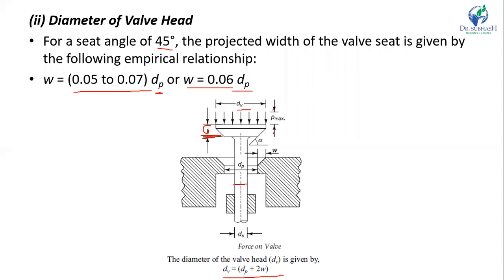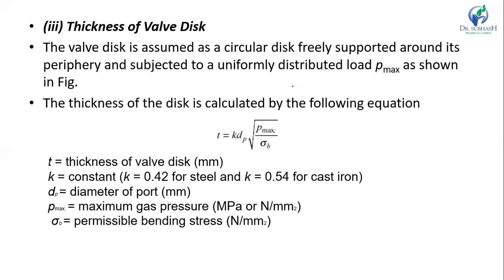The thickness is given by the equation T is equal to K dp root P maximum upon sigma B, where T is the thickness of valve disc, K is a constant, and the value of this constant is 0.42 for steel and 0.54 for cast iron. So you have to remember this value, 0.42 for steel and 0.54 for cast iron.